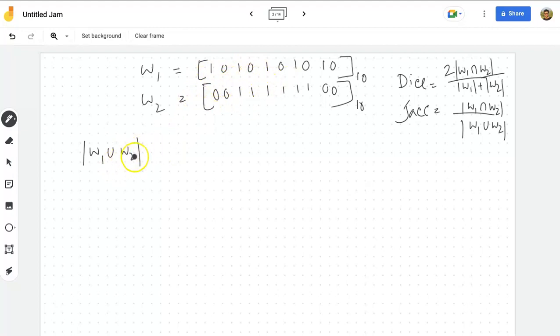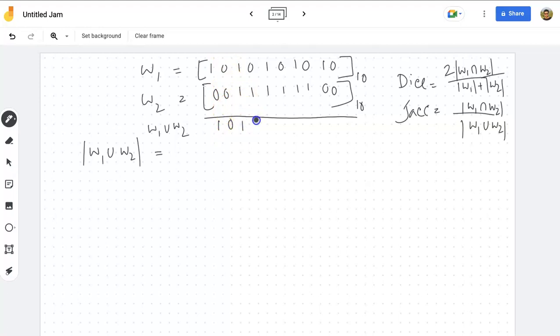If you take the union, for the first dimension this is 1, this is 0, so the union is 1. This is 0 because no 1 is there.